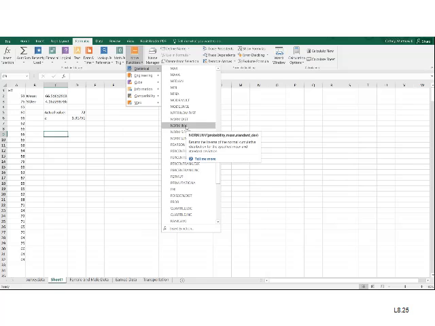Inverse norm, which does what the inverse normal function did on our calculators. NORM.S.DIST and NORM.S.INV are for the standard distribution. In other words, if you have things as z-scores already. If you already have z-scores, you want to use the one with the S in it. If you don't already have z-scores, we'll use the one without the S in it.